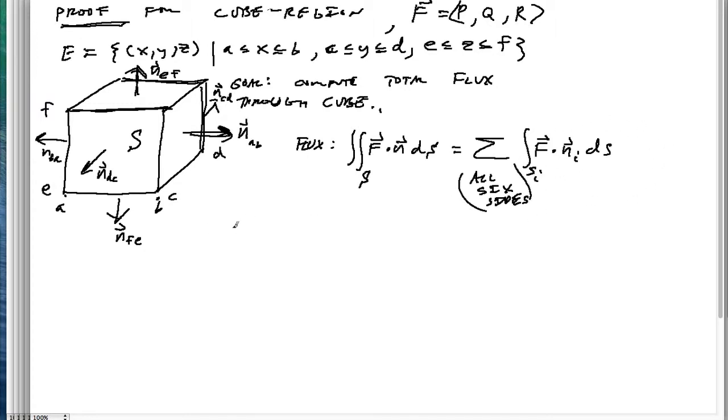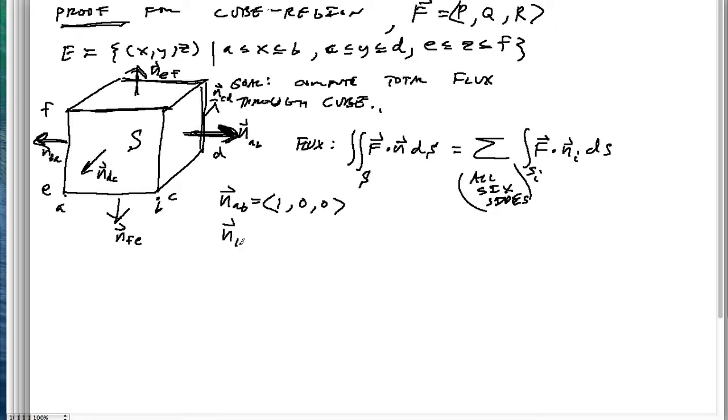So what we'll do is we'll just talk about this side and that side first, and see if we can intuit what the other sides are going to be. So again, NAB, that vector is clearly (1, 0, 0), right? It's just pointing straight out that way.